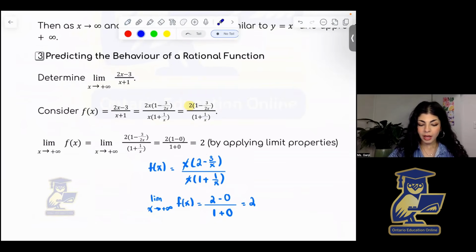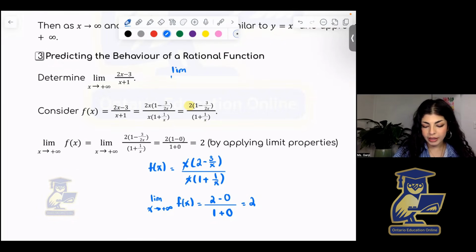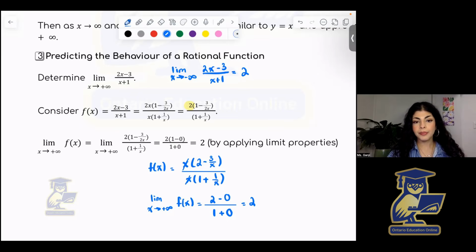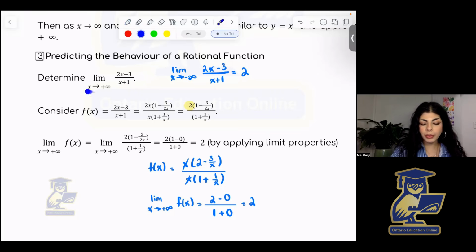And we were only asked to find the limit as x is approaching positive infinity, but if you also find negative infinity, you would also get that this is approaching 2 as well. That being said, as a whole function, we still have other parts of it to analyze. For example, I can already see there's a vertical asymptote there, but we were just asked to find this limit, and our work here is done.